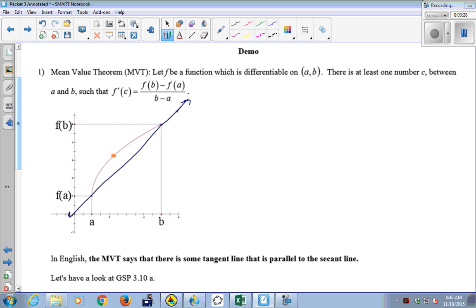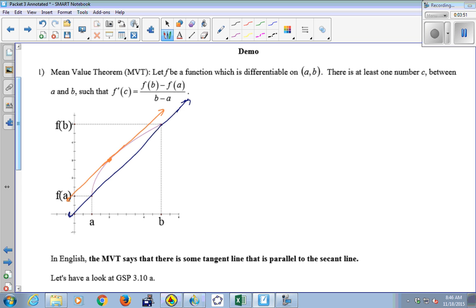If I draw a tangent line here, it looks pretty parallel.